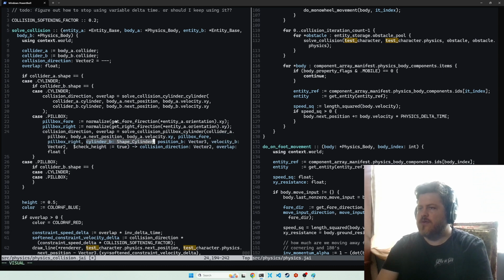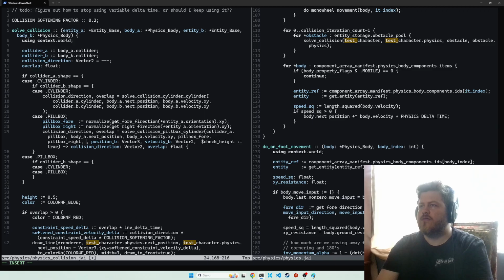And then cylinder B, we're going to have body B dot cylinder. Position B is just body B next position, using that physics stepping position. Velocity B is body B dot velocity dot xy.